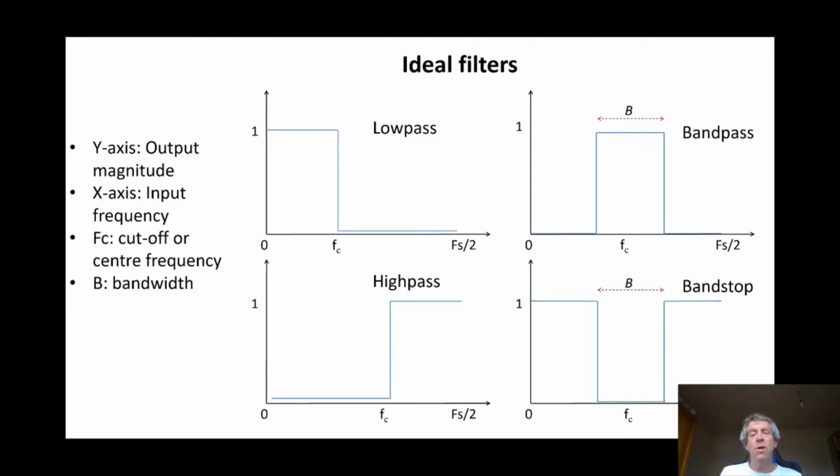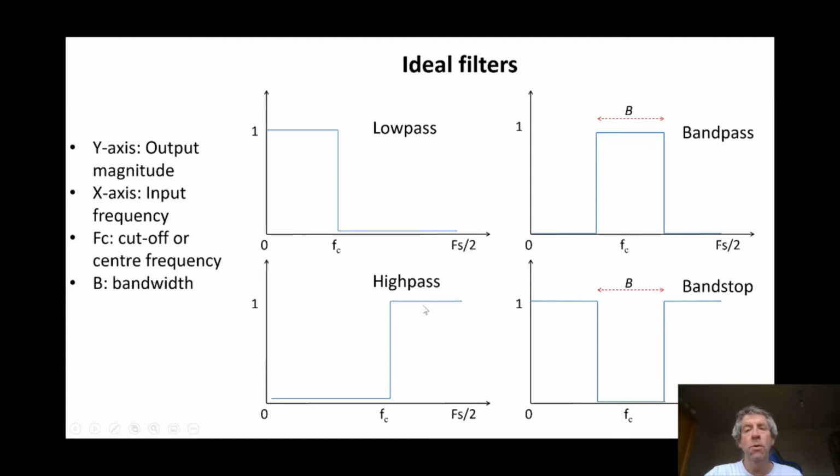But there's a few that are particularly useful. One is the low-pass filter. It basically tries to remove all the high-frequency content and keep only the content below some cutoff frequency called f sub c here. And the highest frequency we can deal with is 1/2 the sampling frequency. So if the sampling frequency is fs, then we plotted it from 0 to fs over 2.